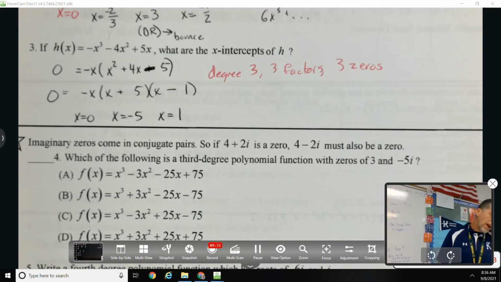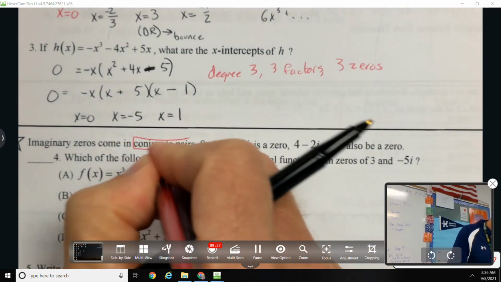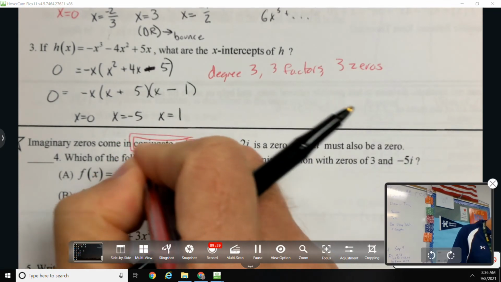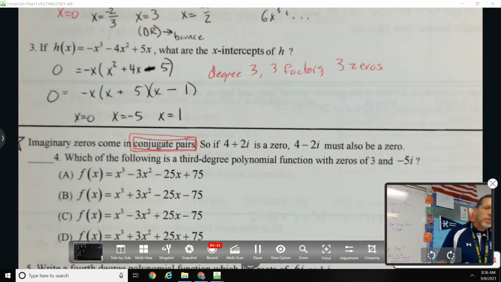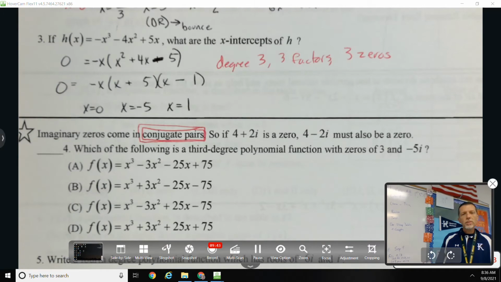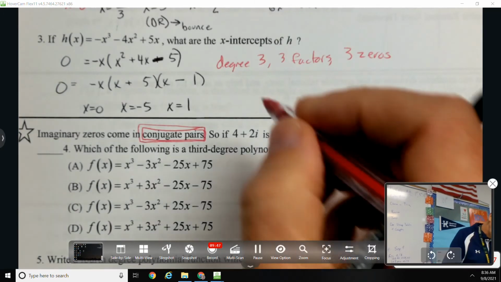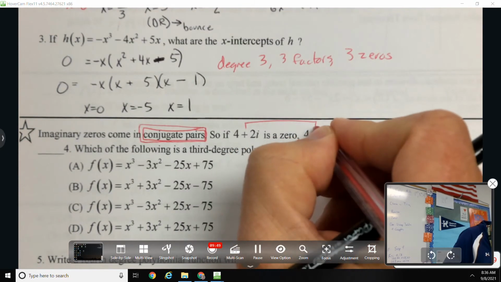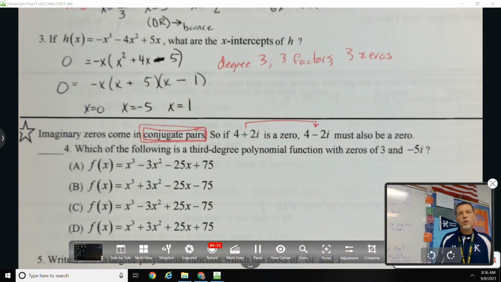Number 4, imaginary zeros come in conjugate pairs. This turns out to be great news. So if 4 plus 2i is a 0, then 4 minus 2i must also be a 0. All right, we've done stuff with conjugates before when we multiply.